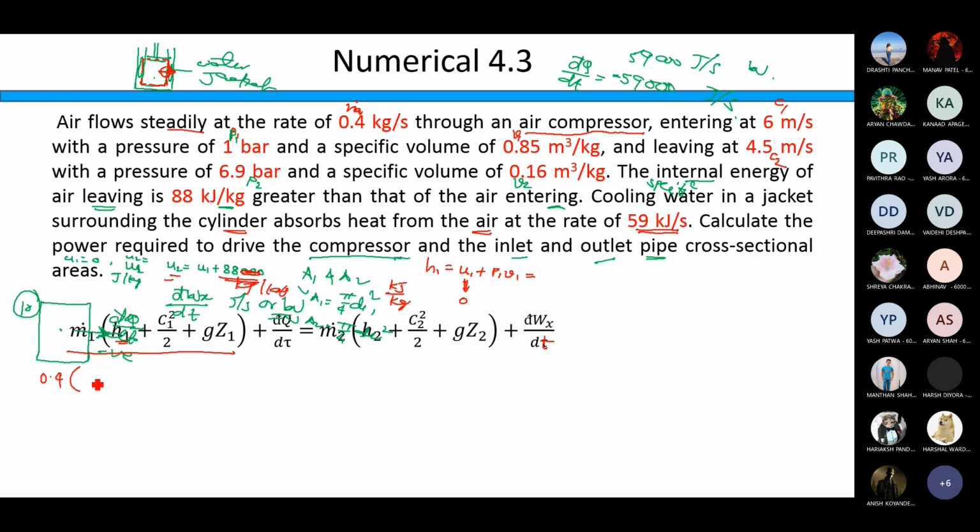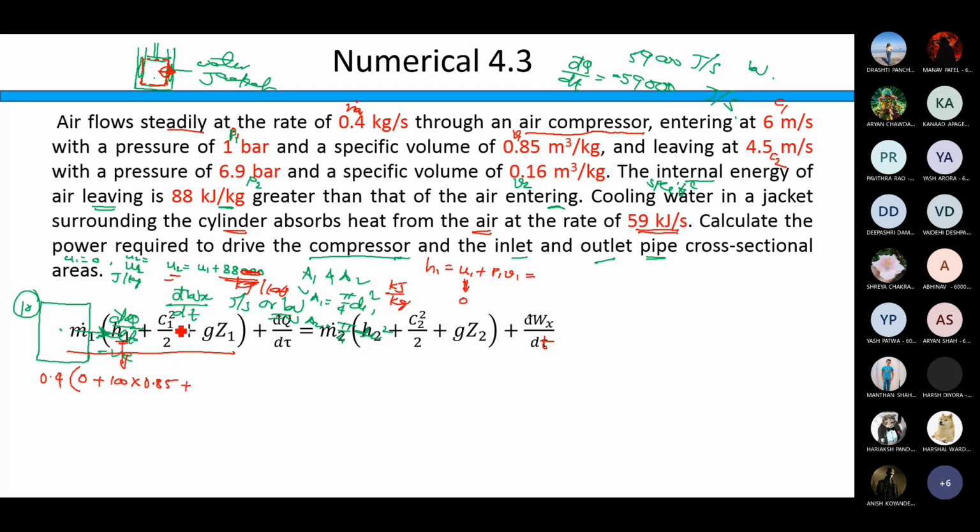So I will write 0 for U1 plus pressure P1. Now if I want this value in kilo, pressure should be in kilopascal. We discussed this. So 1 bar is 100 kilopascal. So I'll write 100 multiplied by the specific volume at the inlet, which is 0.85. So this whole term is for H1, right?